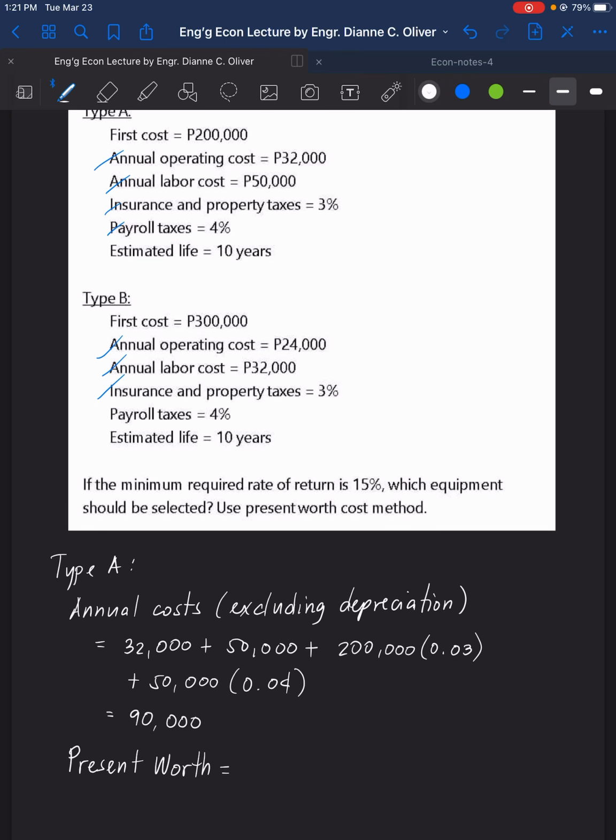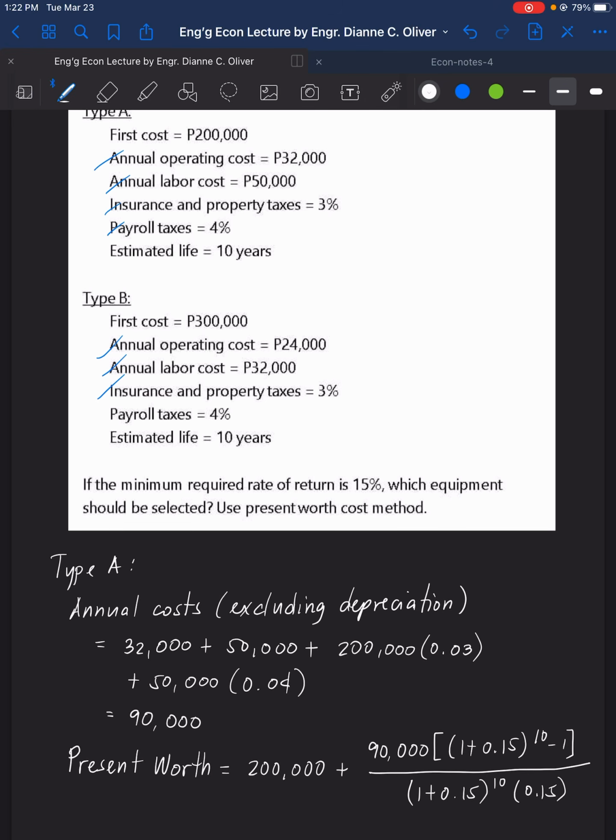Therefore, if we solve for the present worth, we have here the first cost of 200,000 plus, since this is already an annuity, we will use the formula for annuity. We have there 90,000 times the quantity 1 plus i, where i is 0.15, raised to the number of years, 10, minus 1, over, since we are computing for the present, 1 plus 0.15 raised to 10 times 0.15.